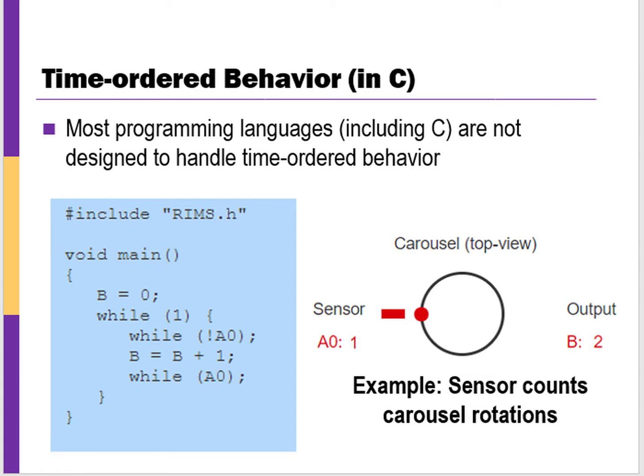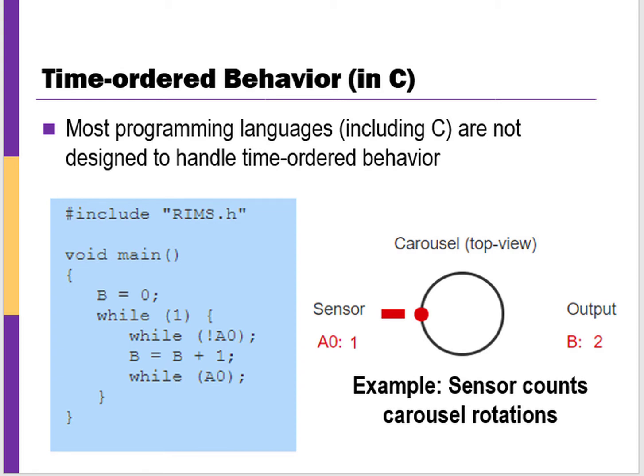So we've got this sensor, A0, and every time a certain location, represented with that red dot, passes by the sensor, the sensor's A0 is going to go from 0 to 1. And what we want to do is just keep a counter. Every time it rotates, we want to bump B up by 1.